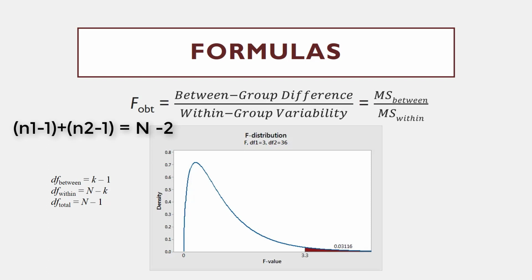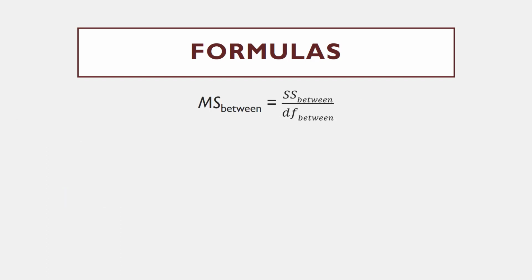So really this is just a generalization of N minus 2, where 2 was K, the number of groups. It's easy in an independent samples because it can only ever deal with 2 groups. In an ANOVA, it can deal with more than 2 groups, and so because of that, we need to use a variable that can be more generalized. So that's where we use K, and K will be our number of groups each time.